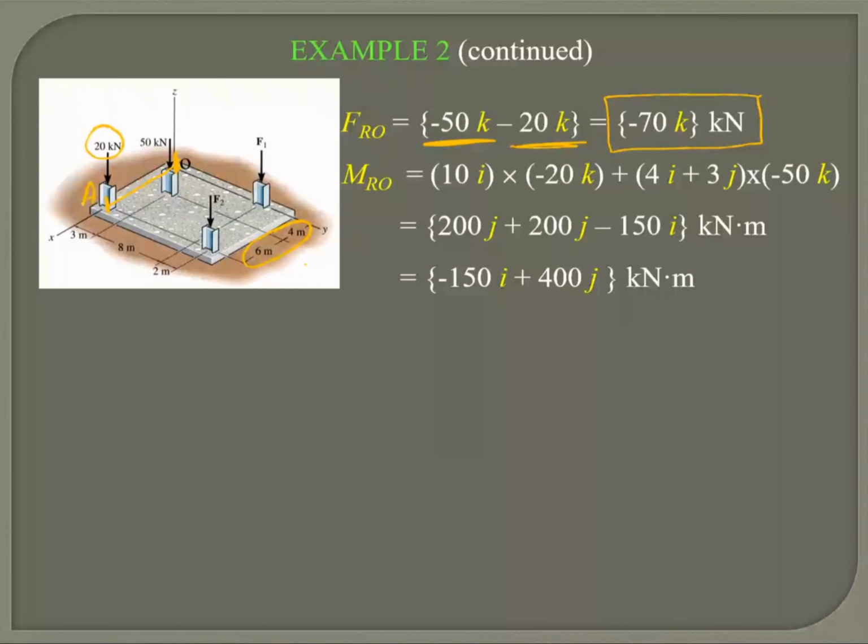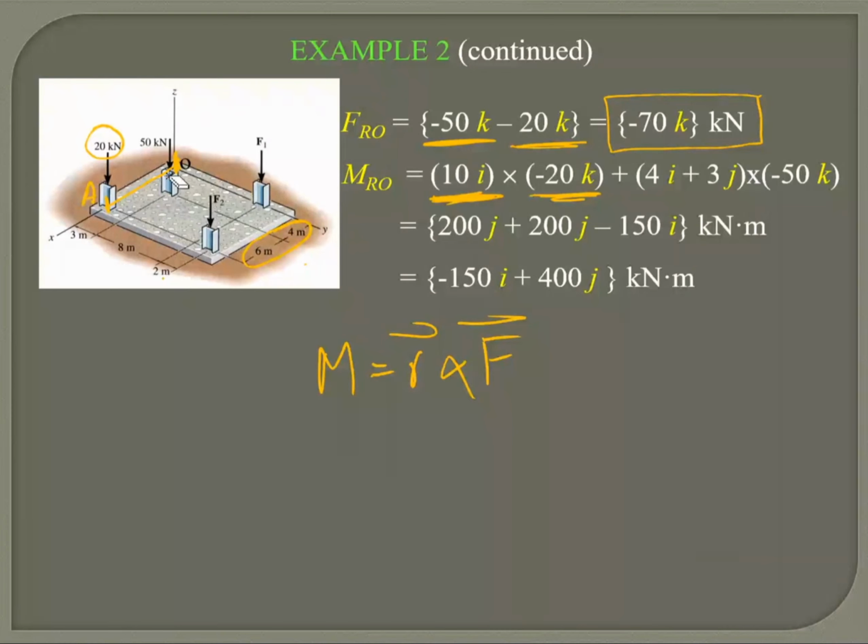That would be in the positive X direction, along the X axis, so that is I, 10I. I've got my R. Remember, I'm doing this R cross F. The force is acting downward, that is minus 20 K. So that's here.